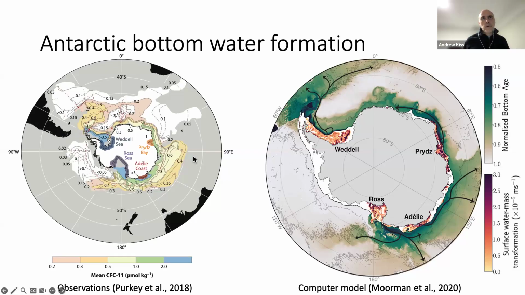So you can see how far the water's gotten. And then this is a computational model, which shows in red the places where the surface water is being cooled and made more dense and sinking. And then the green stuff is basically water that's been at the surface recently and is spread out across the bottom.